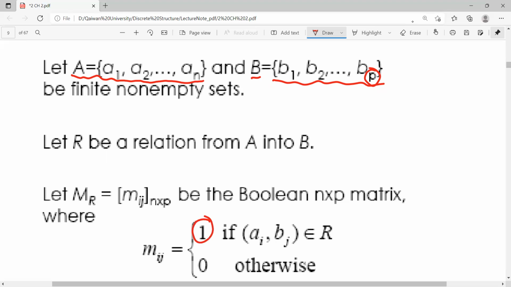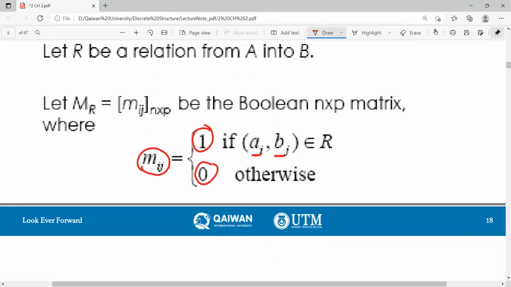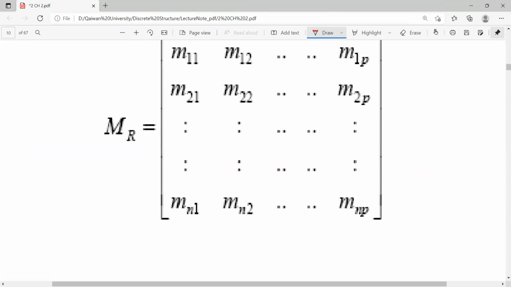If we have a relation from AI to BJ, then we put 1 for MIJ and we put 0 otherwise. It will be clear in the example.